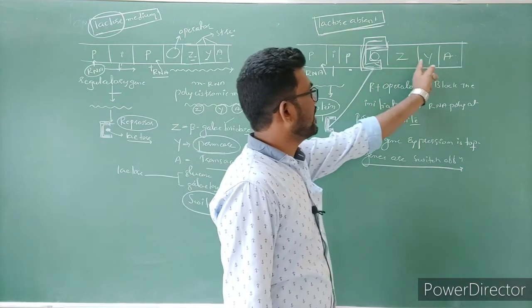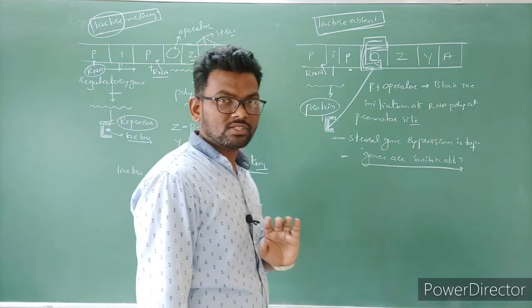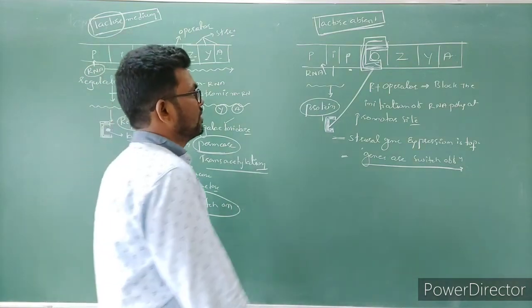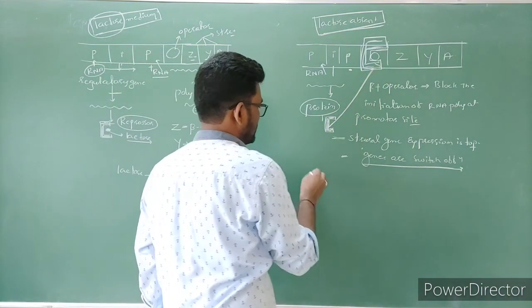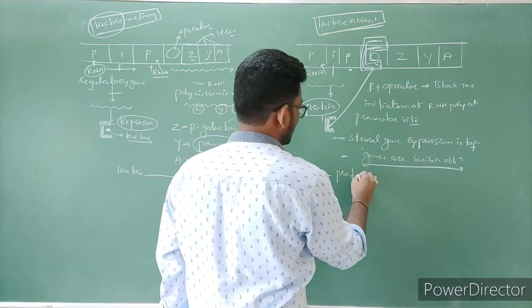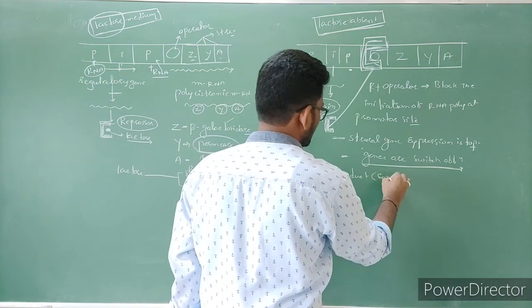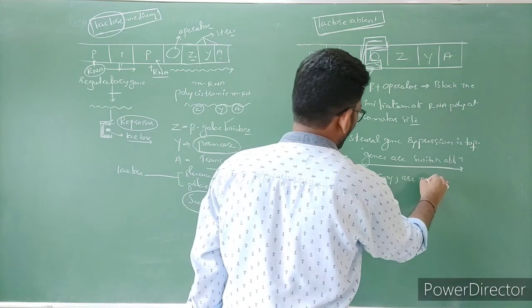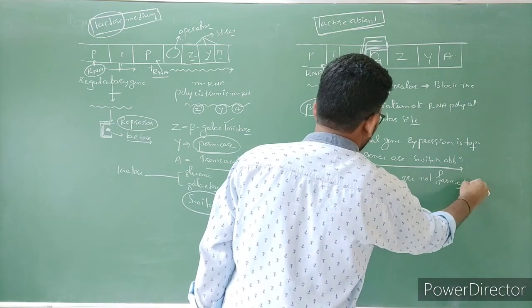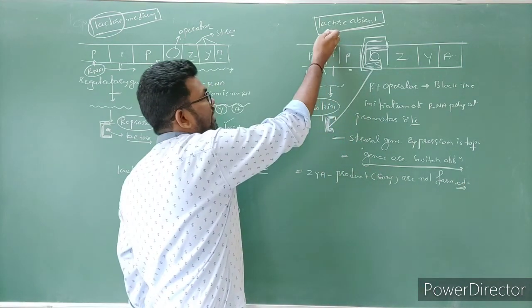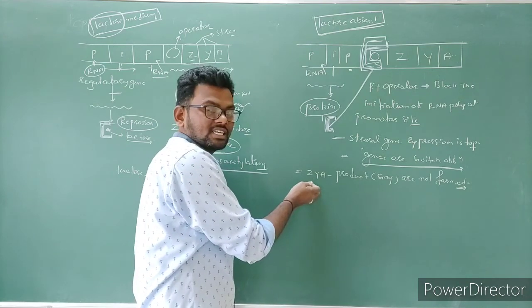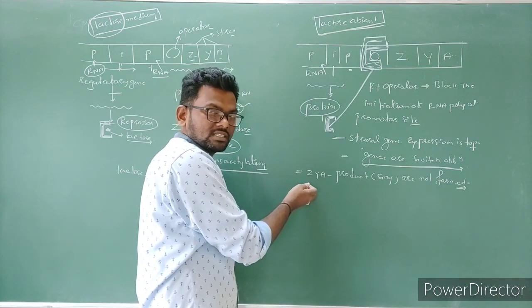Now the ZYA genes are not going to produce any enzymes or proteins. The ZYA gene products, which are nothing but enzymes, are not formed, right? Why? Because in the medium or in the cell lactose is already absent, so there is no need to synthesize the enzymes unnecessarily.